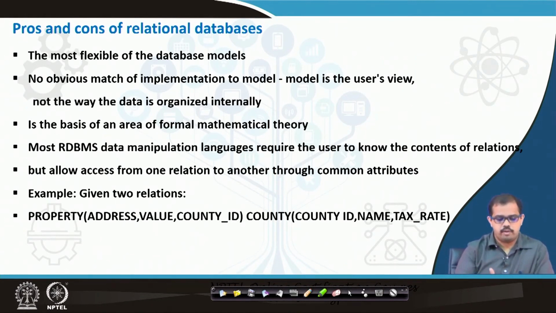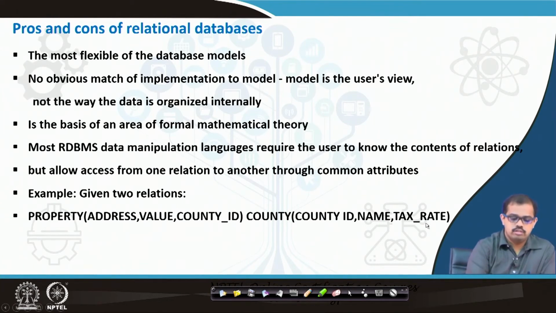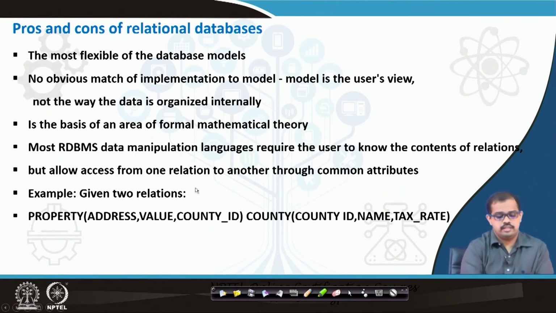For example, the property has an address, value, ID, and country, and the country will have a country ID. So the country ID is the common attribute here. Then you have a name and tax rate. A person who wants to know property details would be given access to only the property table. If someone wants to know the country details where this property is located, he or she would know only that.